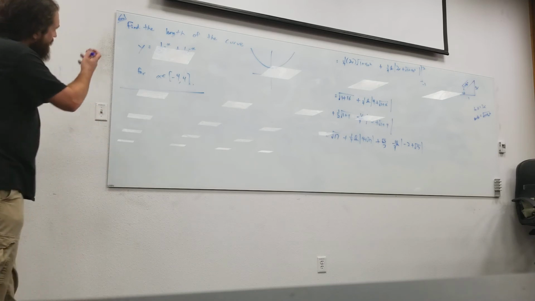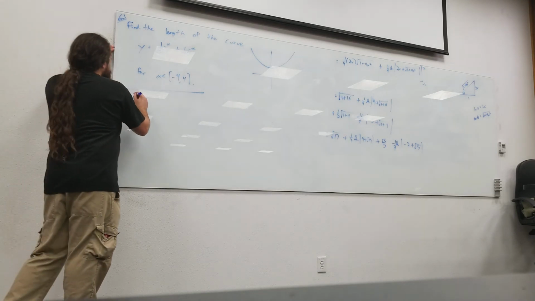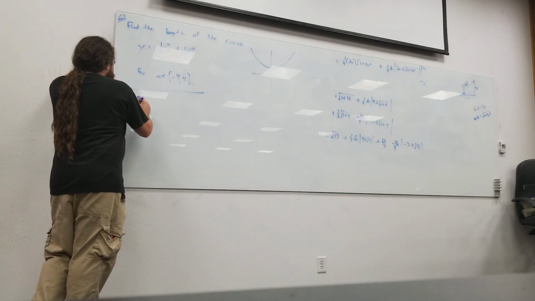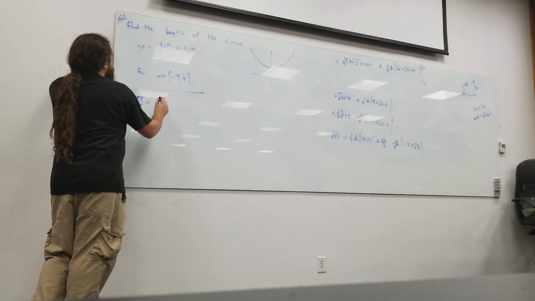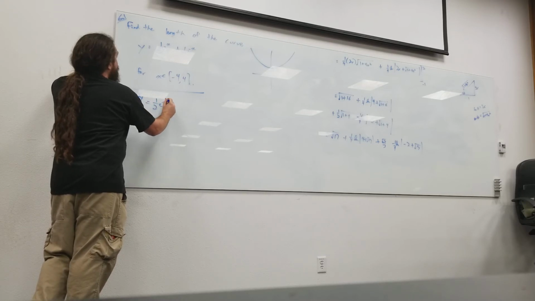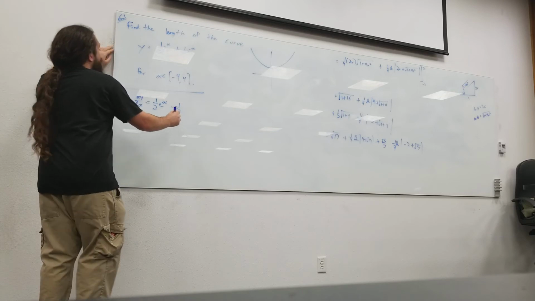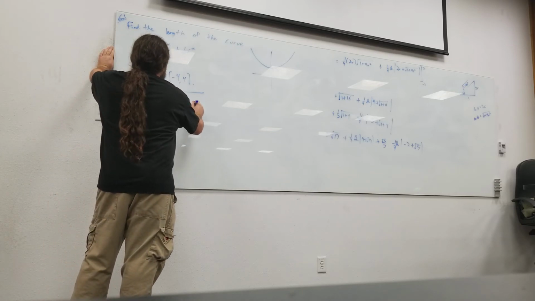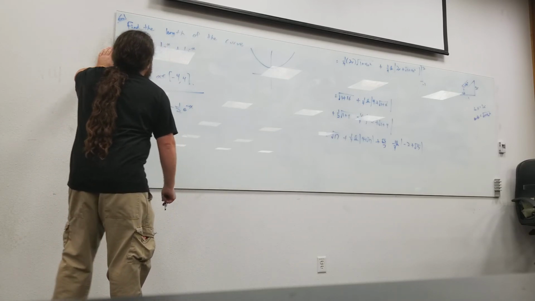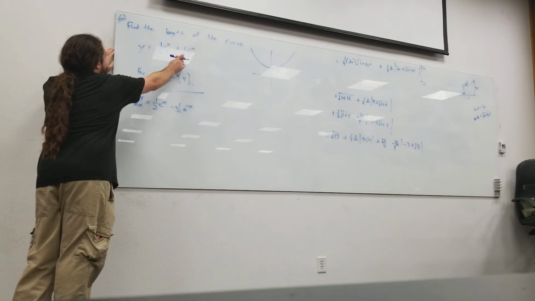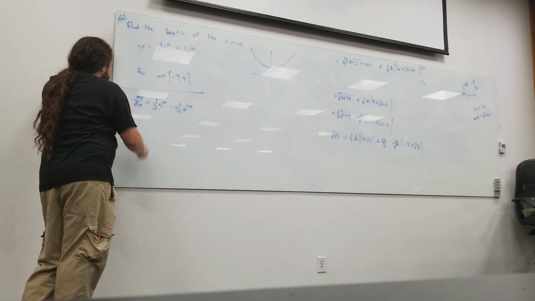Alright, so same analysis. We've got to find the derivative of this creature. This is 1/2 e to the x minus 1/2 e to the negative x, because it just changes the sign on this term when I differentiate, otherwise it looks the same.